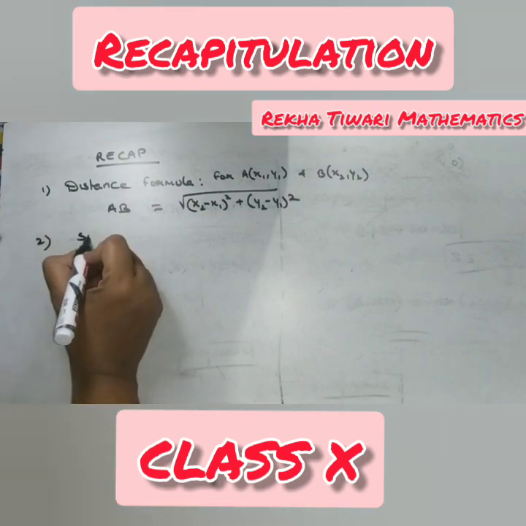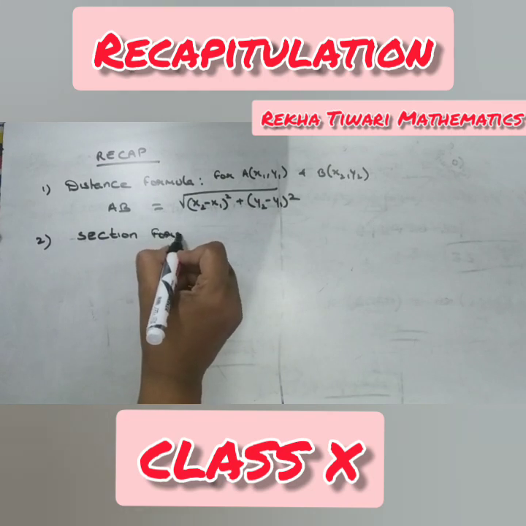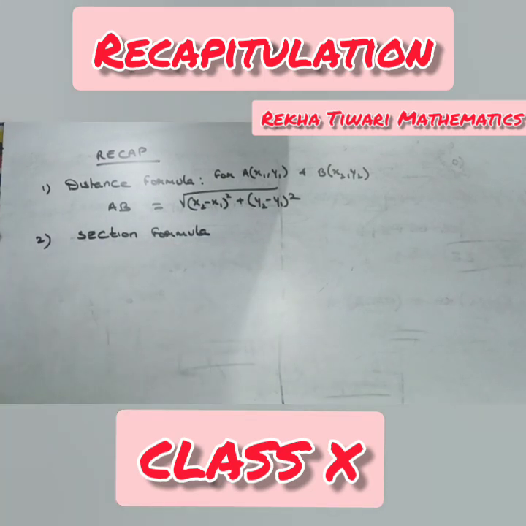Secondly, we read the section formula. It is used when there is a point of division of a line and that point divides the line in some particular ratio.